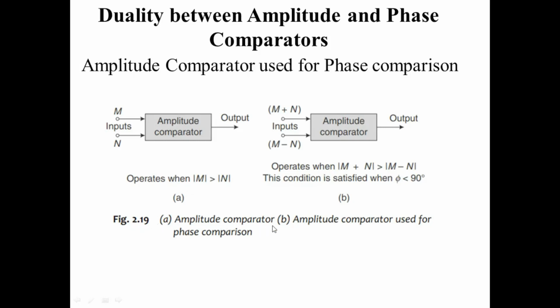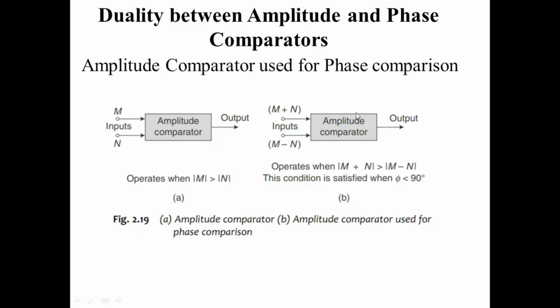Here is the block of the amplitude comparator with two input quantities, first M and second N, and the output of the amplitude comparator. In the second figure, the same block diagram is used, but the inputs are changed to M plus N and M minus N: two inputs and one output.